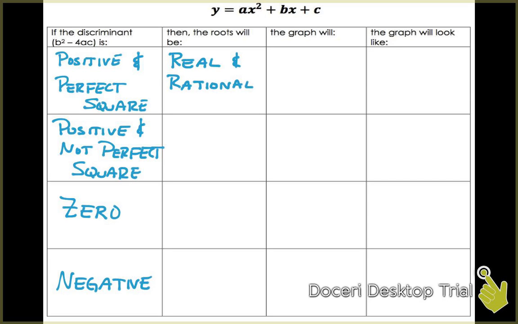Okay? If it is a perfect square, it means that they're going to be unequal. So you're going to have two of them. So I'm going to change colors here. There's going to be two roots here. The graph is going to touch the axis twice.